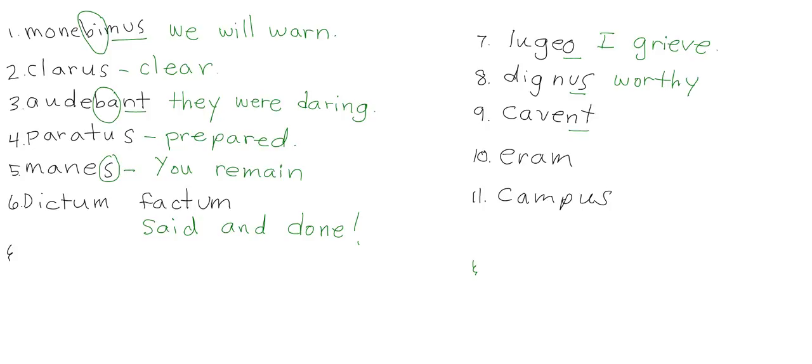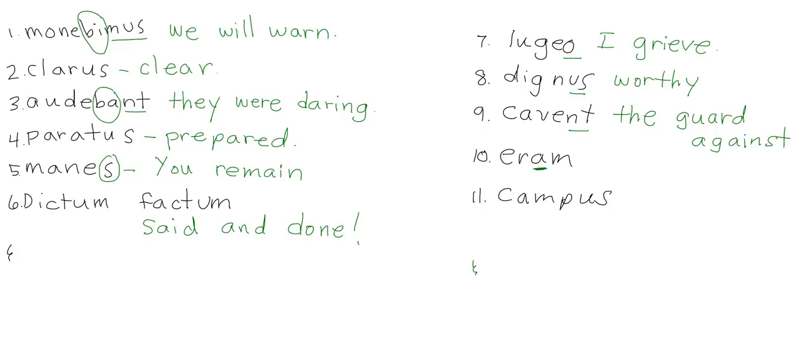Cavent. Nt, mus, tus, nt is they. Caveo, cavere, they guard against. Remember those cows? They guard against. Now this is new from our grammar this week: eram, eras, erat, eramus, eratis, erant. This is the linking verb. It's the was form.